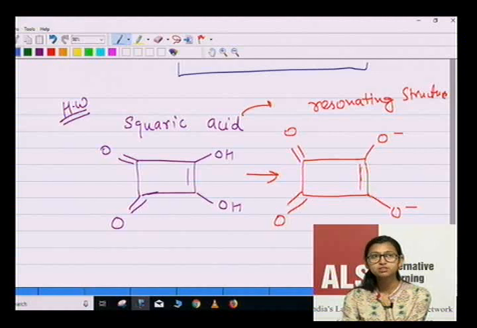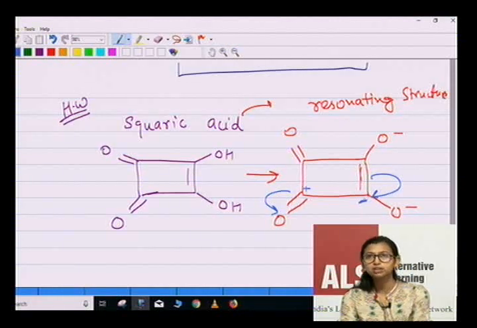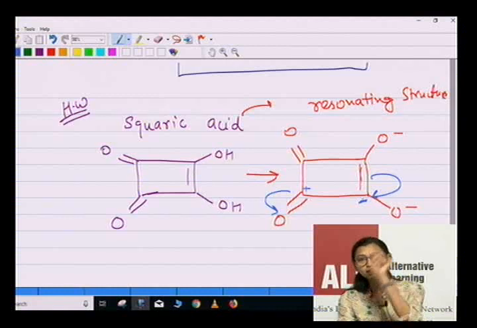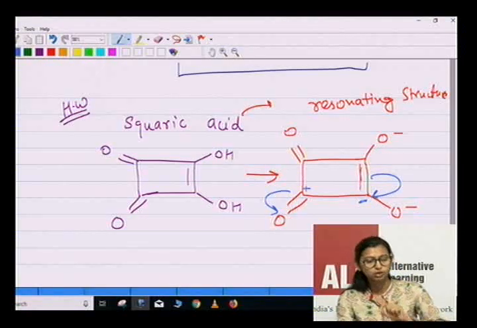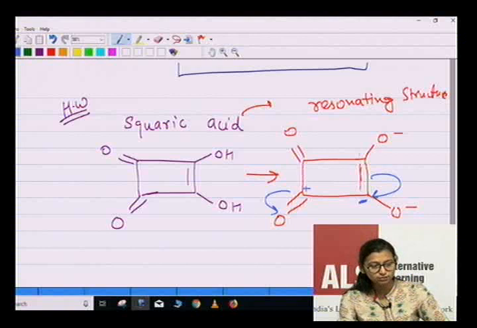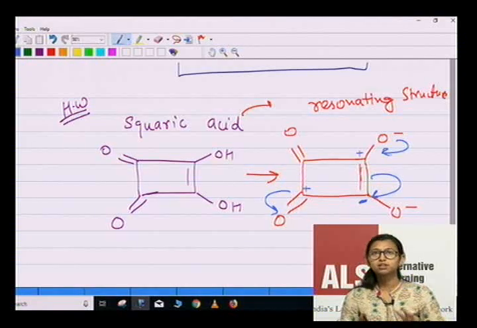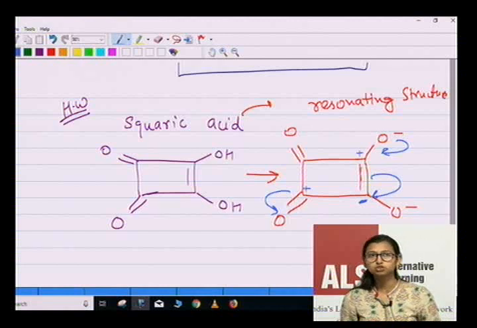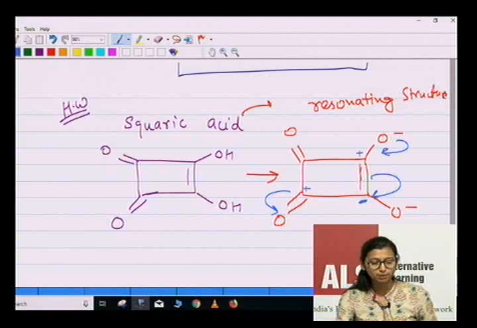This is a double bonded system, right? Put the electrons here on the oxygen, here you will get the positive charge. Now put the electrons here, here you will get the negative charge. So that particular double bond in the ring will also delocalize, okay? And once you get the negative charge, you will get the positive here, then put the electrons here. So just make a structure in which you can show the arrows, and you will be drawing the resonating structures by yourself.